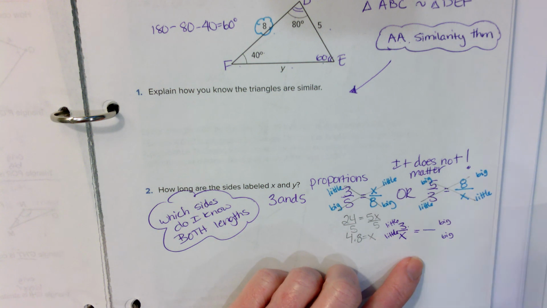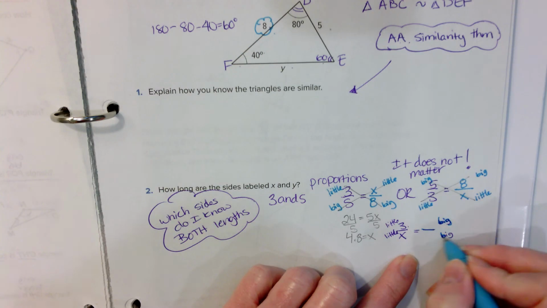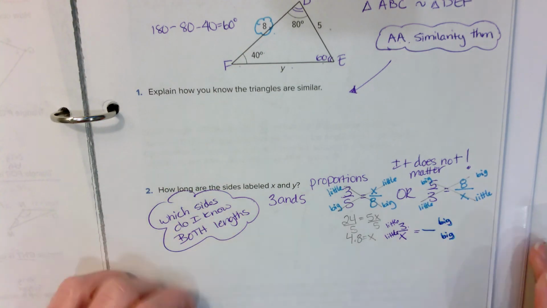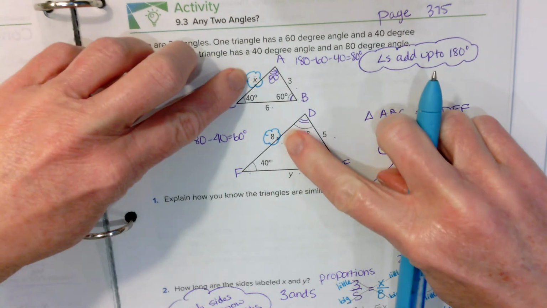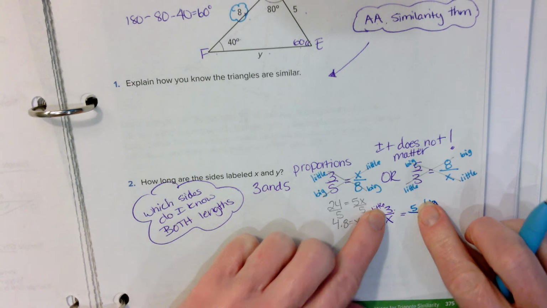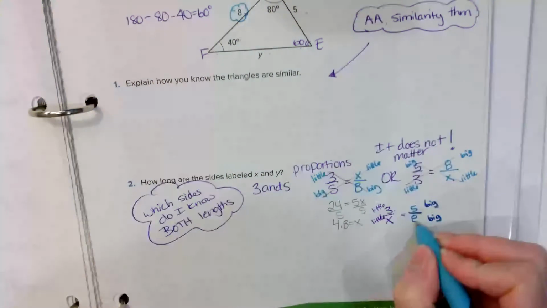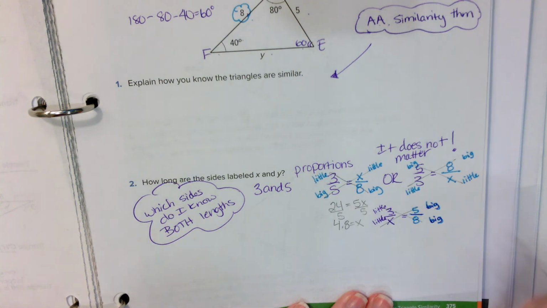So I go back up and I look and see that the side that's 3 goes with the 5 and the side that's x goes with the 8. So I'm going to put a 5 in the numerator because it's the side that corresponds to 3, and I'm going to put an 8 in the denominator. And you know what? When you cross multiply, you get 5x and you get 24.